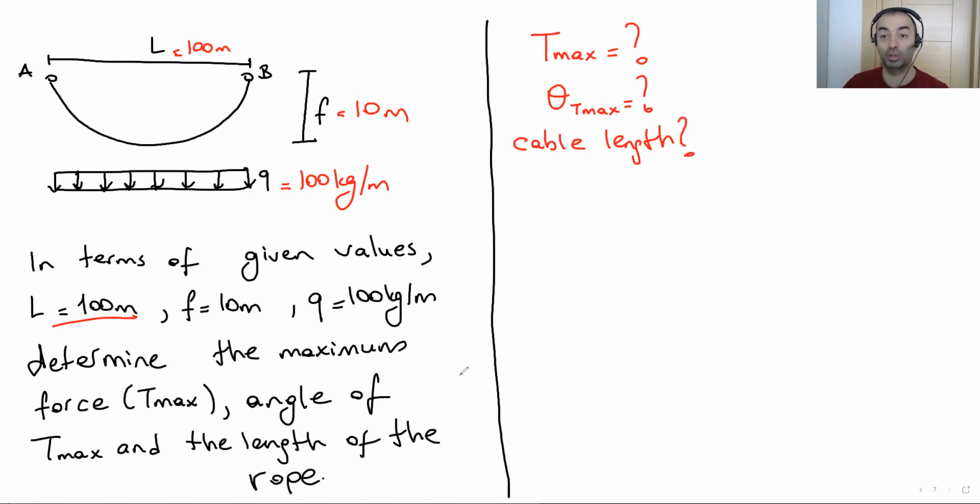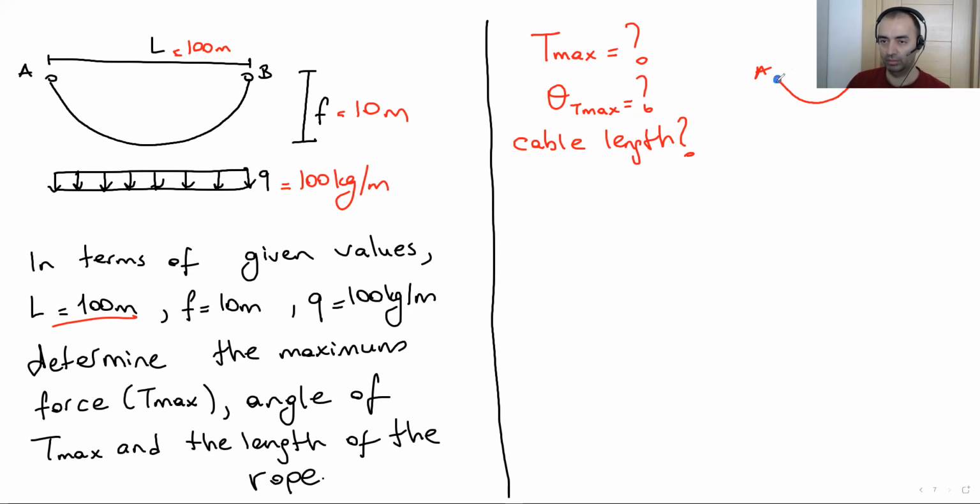If I change the question, say I ask you about a cable like this, where one support is here, this is not a symmetrical cable. This is A, this is B. If I ask you to calculate the maximum cable load, you have to calculate it at this point, because this is the highest point of the cable.